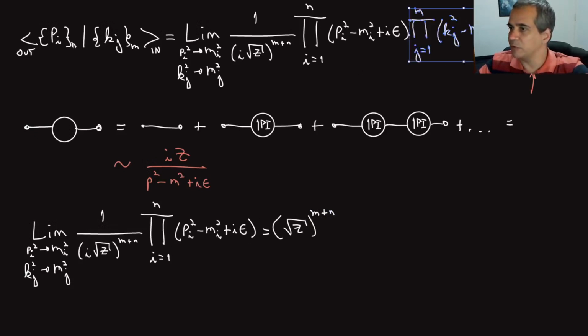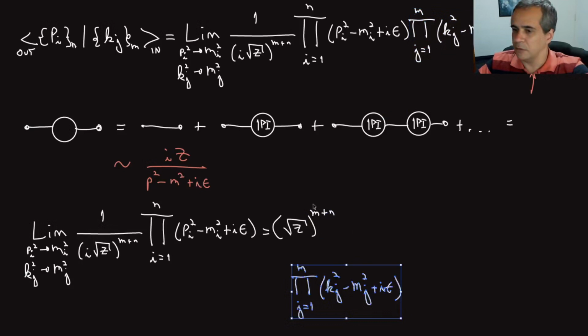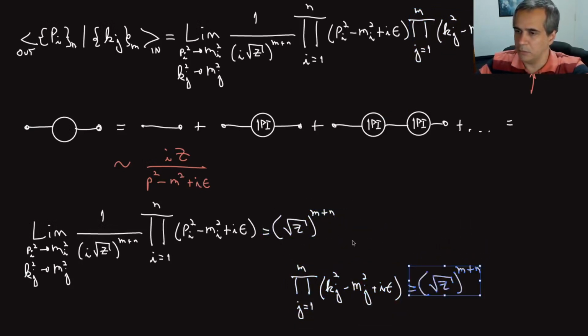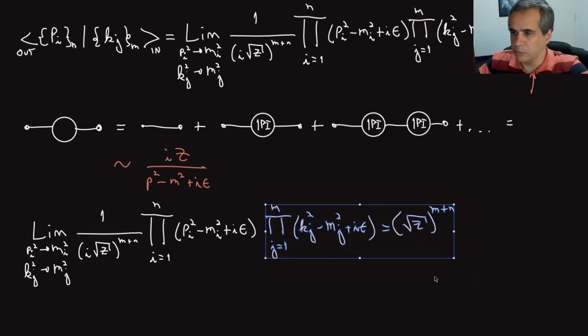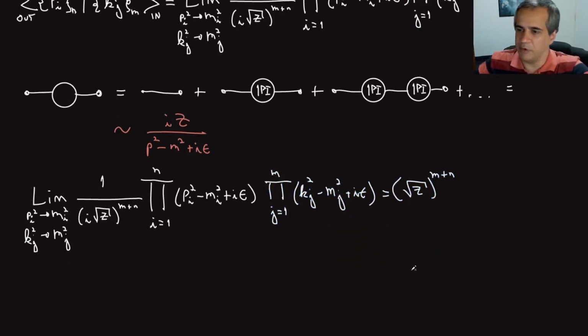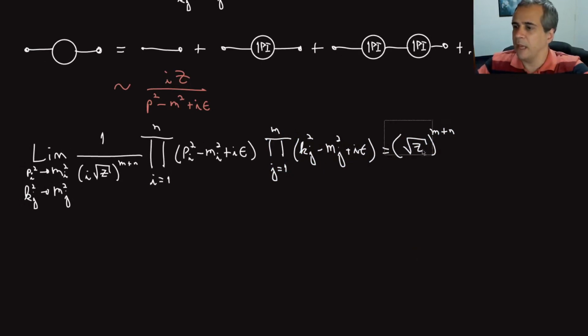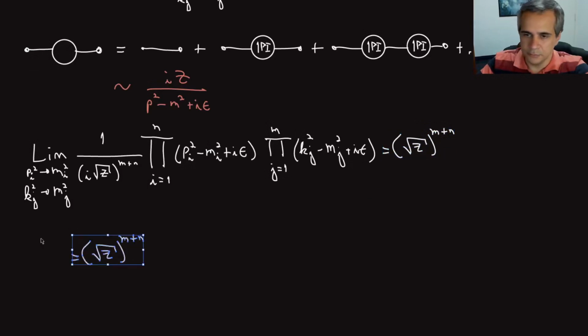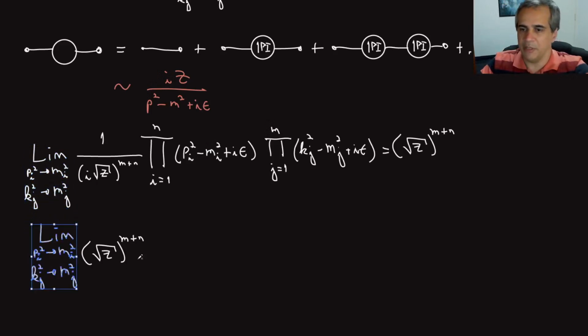I forgot one product. So I'm taking out this power of Z and rewriting those products. Let me put the limit here and repeat the equation.